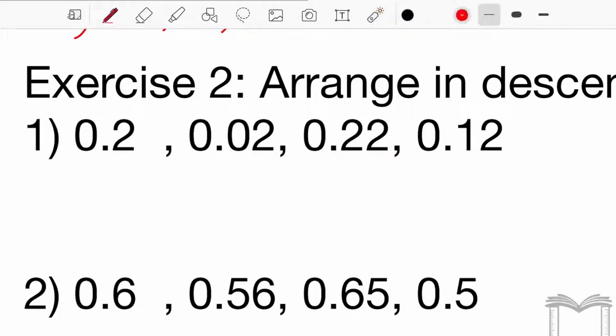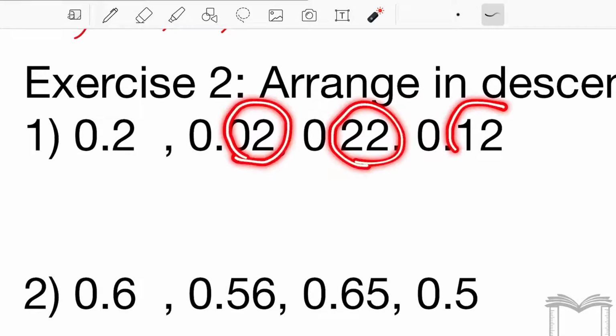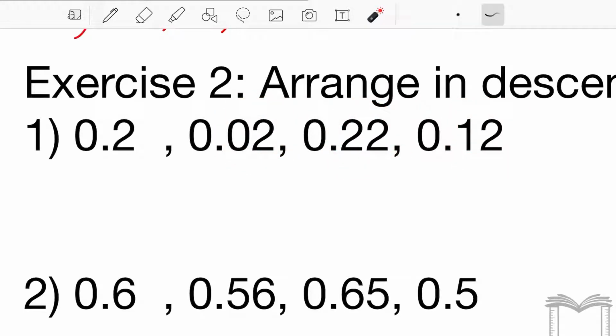What we can do to make it easier to see the size of these decimal fractions is ensure that all of them have the same decimal places. So identify the ones that have the largest number of decimal places. This one has 2, this one has 2, and this one has 2. This is the only one that has 1 decimal place.